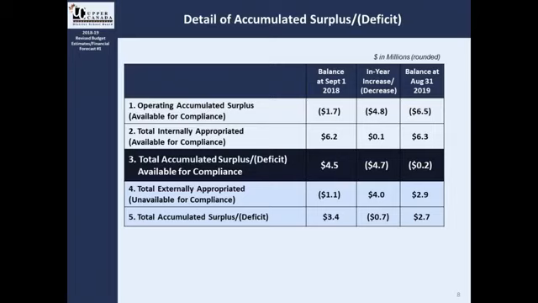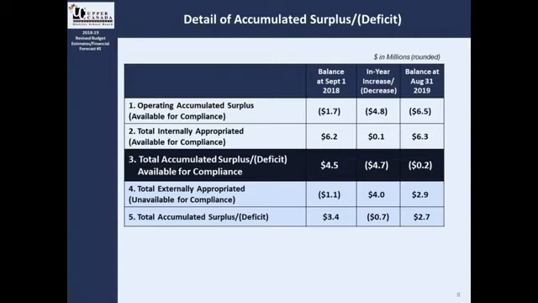Line 4 is the total externally appropriated surplus designated for purposes other than meeting our regular operational obligations. The surplus on this line is not available to address any in-year deficit calculated for compliance purposes.